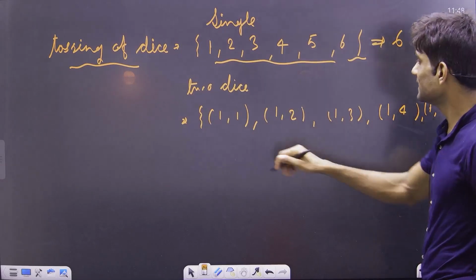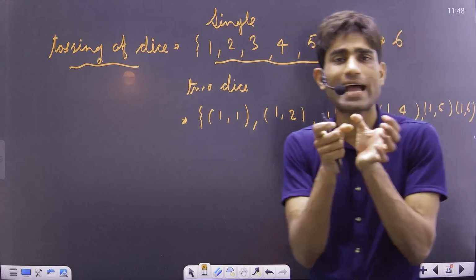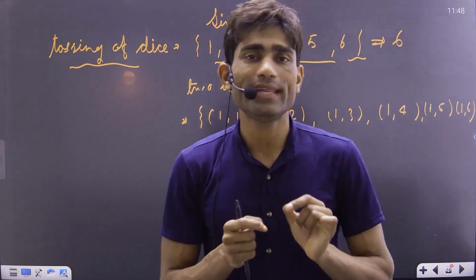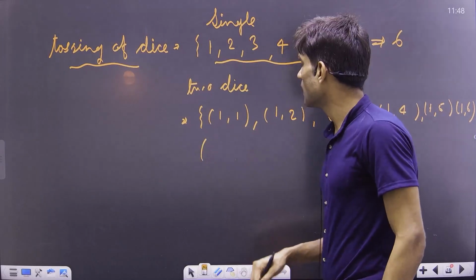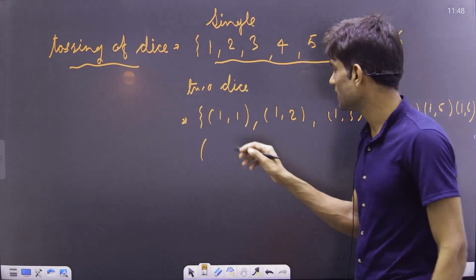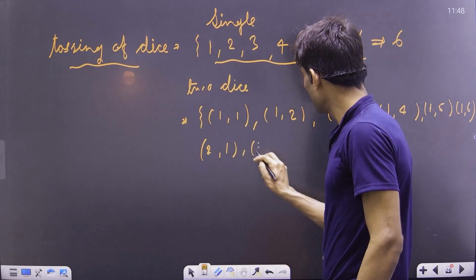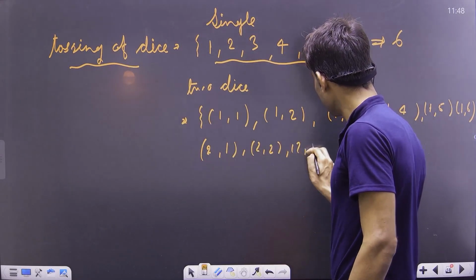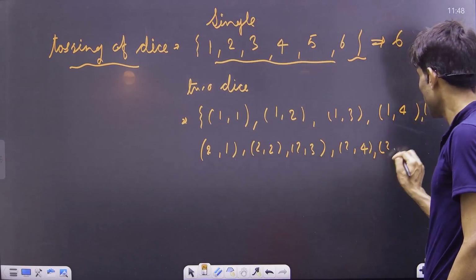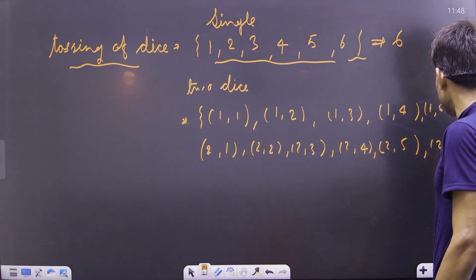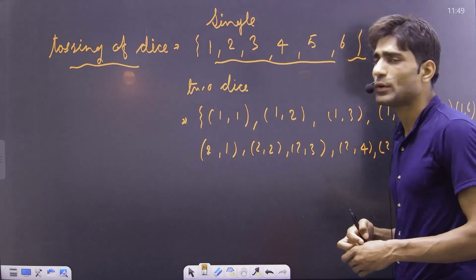These are the 6 outcomes when the first dice shows 1. Now what happens if the first dice shows 2? We write 2 1, 2 2, 2 3, 2 4, 2 5 and 2 6. From 2 1 to 2 6 we have the next possible outcomes.